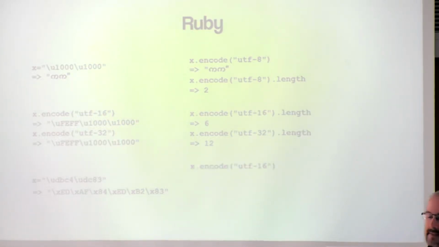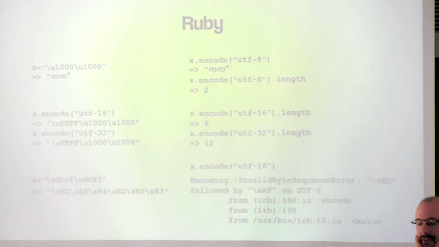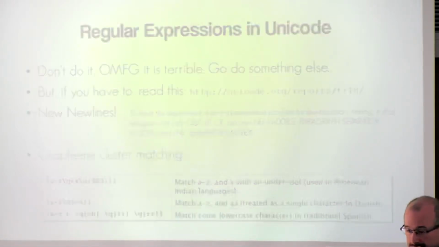Let's say we encode that as UTF-16. What do you think the result is? That's right, invalid byte sequence error. There you go. That's something, right? So apparently, something that is representable in UTF-8 in Ruby cannot be represented easily in UTF-16 if it's a code point like that. So you can end up throwing an exception in certain cases.